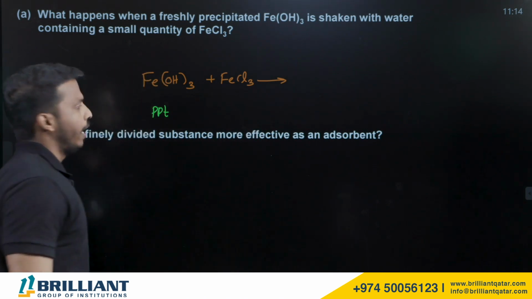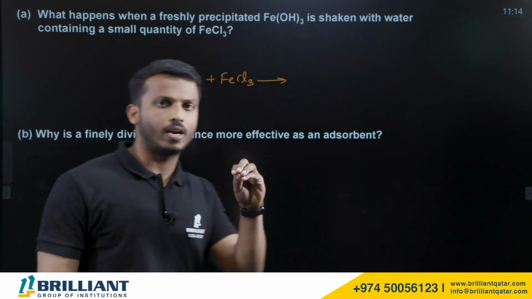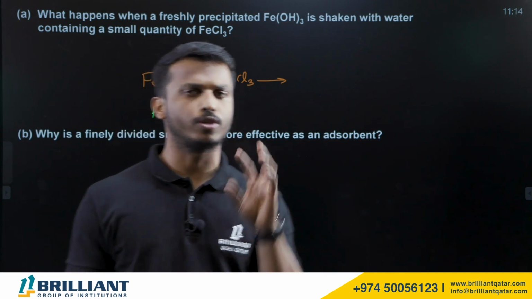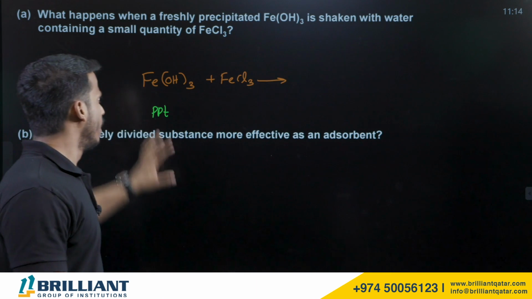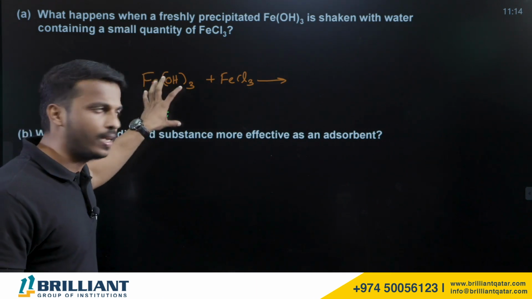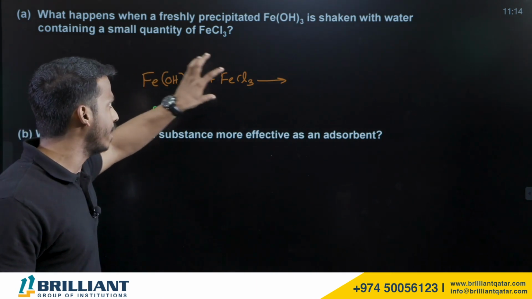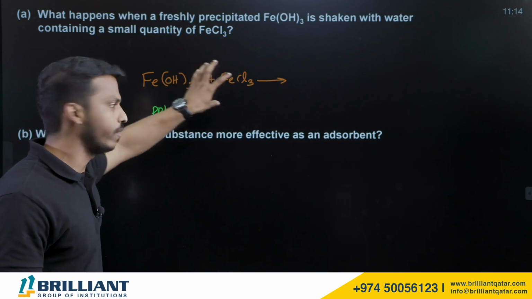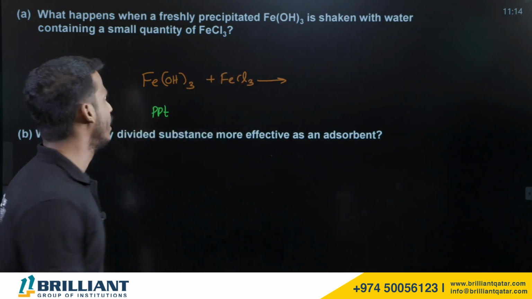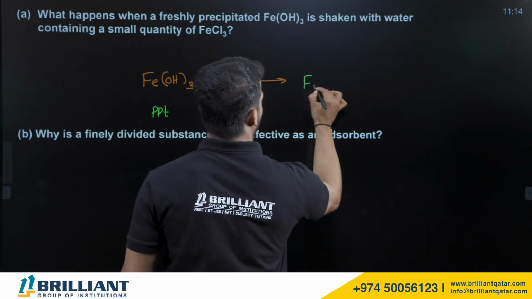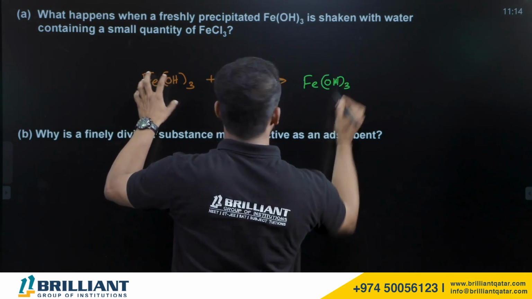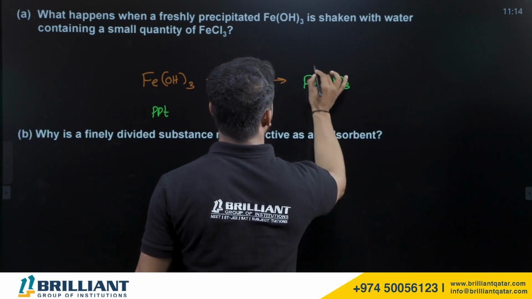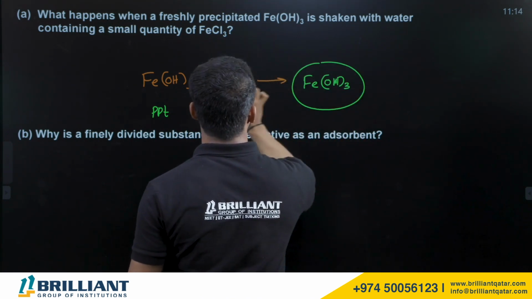Colloid. When Fe(OH)3 is treated with FeCl3, ferric chloride, it will form a colloid of Fe(OH)3. It is adsorbed by this Fe3+ ion.